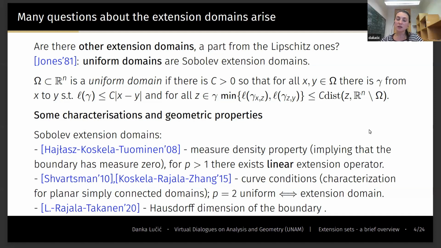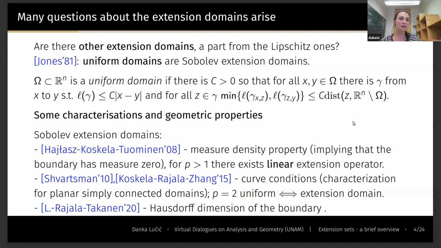And if we pick any point z on our curve and take the subcurve from x to z and the other subcurve from z to y, then the minimum of the lengths of these two subcurves is controlled by the same constant times the distance of the point on the curve to the complement of omega.